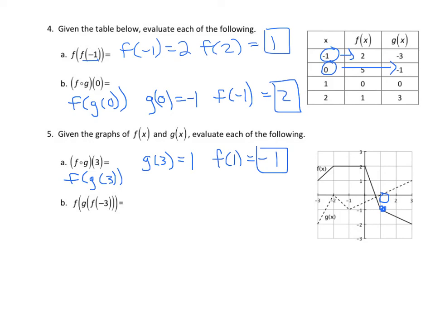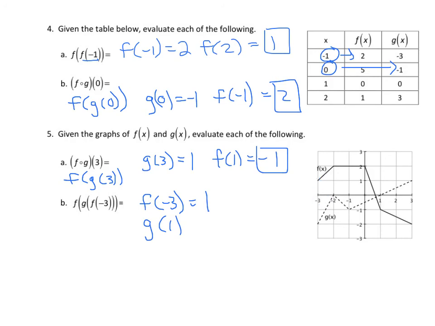And the last one has 3 parts to it. First we will find f of negative 3. So we go along the x-axis to negative 3, and we go to the function f, which is right here, and the y value is 1. Now we find g of 1. 1 becomes the new x value.